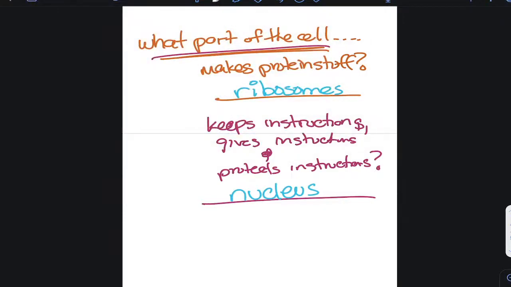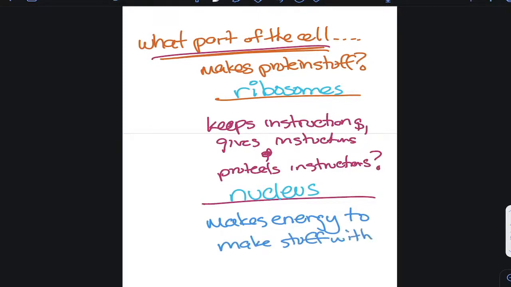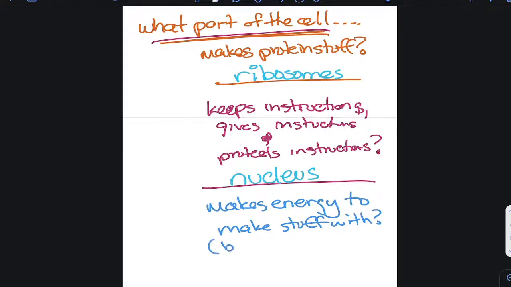What part of the cell makes energy to make stuff with? Give you a hint. It burns sugar to make energy.